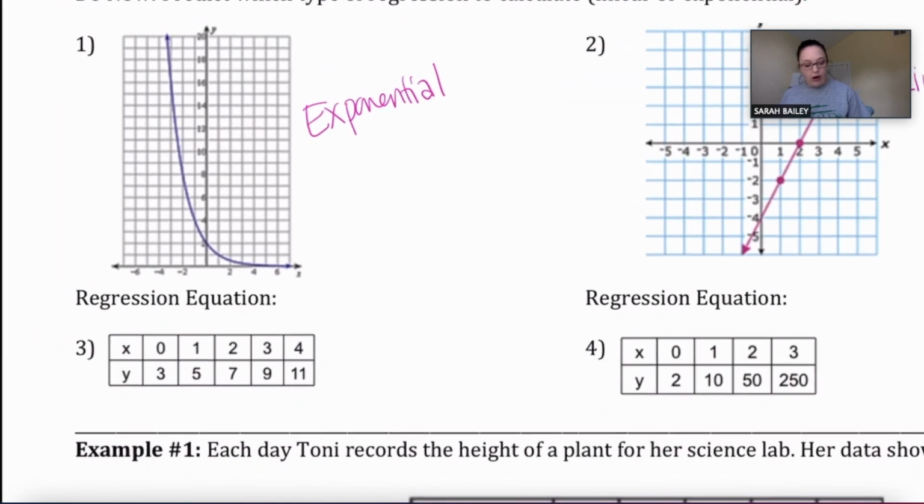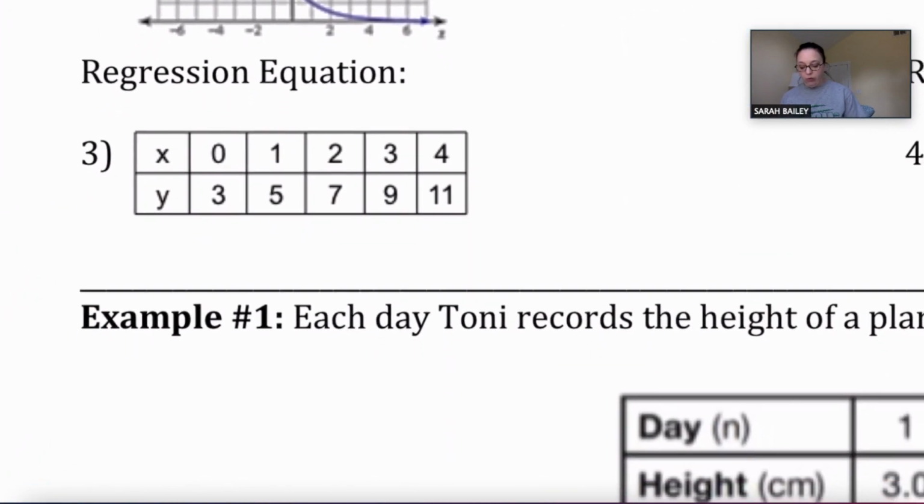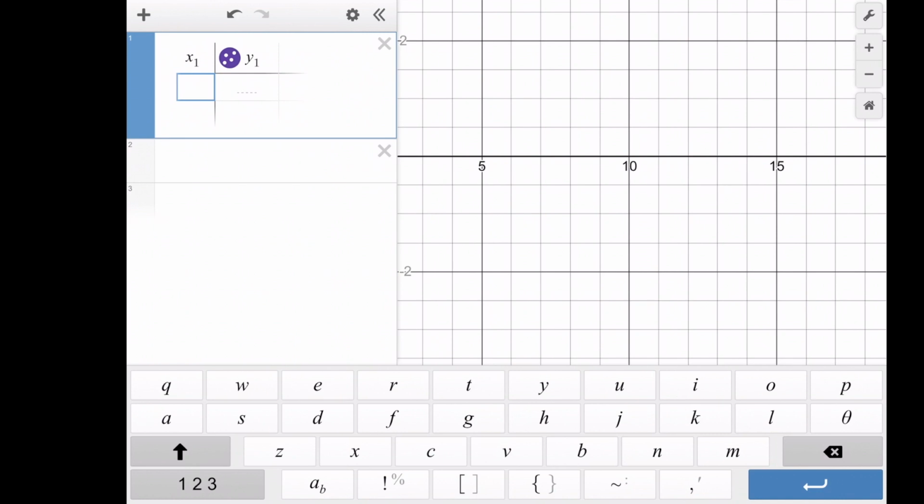Okay, now we're going to get right to it. Looking at 3 and 4, we've got tables, and we have to come up with the actual regression equation for that table. The first thing we're going to do in Desmos, like we've done before, is put that data into a table.